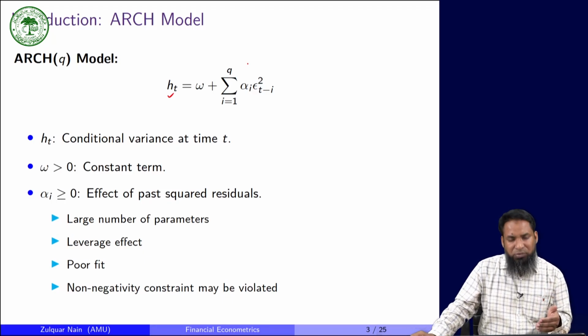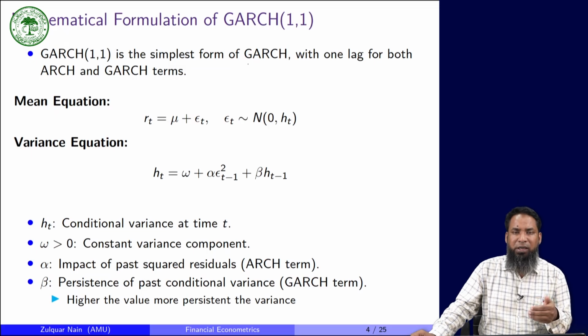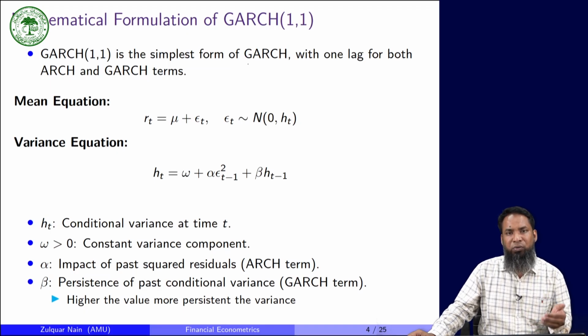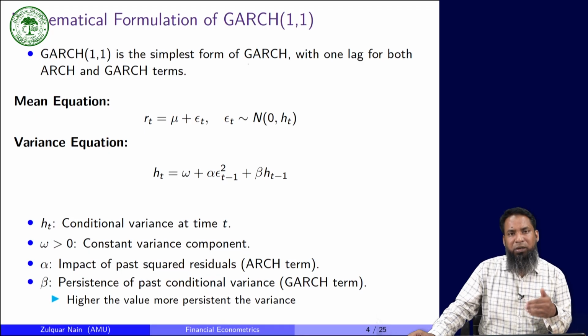So to overcome certain issues of this ARCH model, there is a natural extension of this model, what we call the GARCH model, that is the generalized autoregressive conditional heteroscedasticity model. One of the simplest forms of the GARCH is the GARCH(1,1), and it has been observed most often that the GARCH(1,1) is enough to model particular financial data.